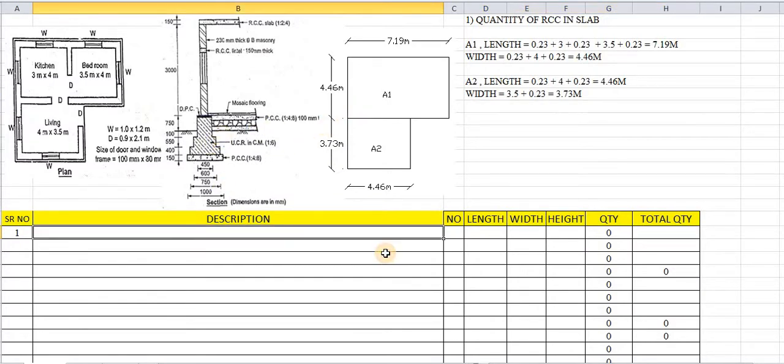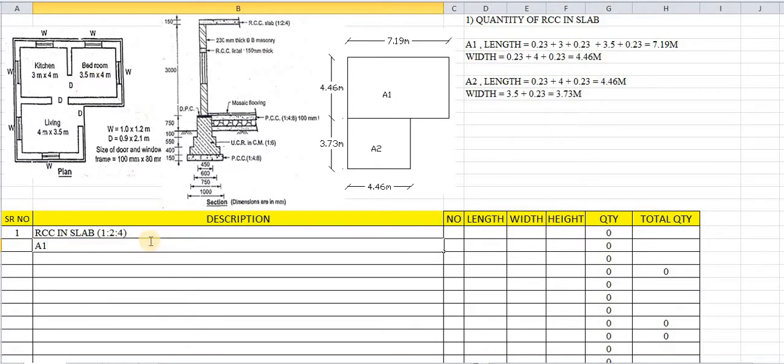Now we will find out the quantity of RCC. The quantity of RCC in slab, 1:2:4. First we will have the RCC in 1:2:4 for area 1. We have given the names as area 1.